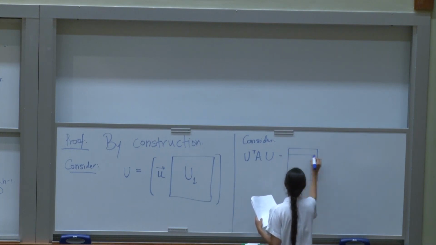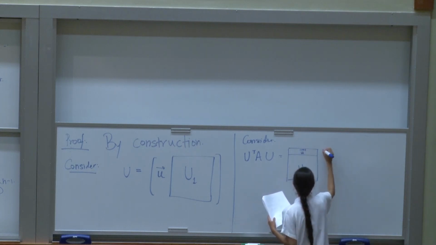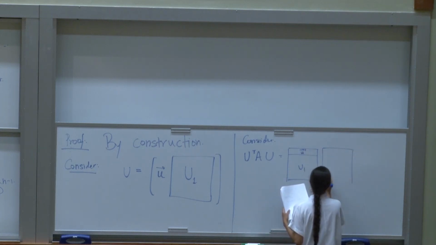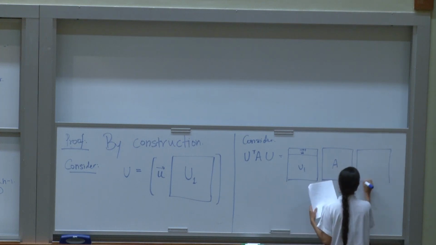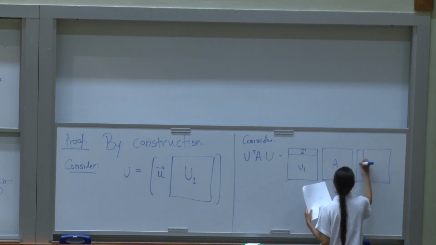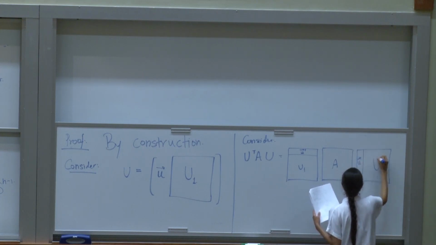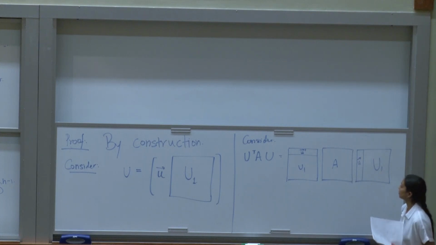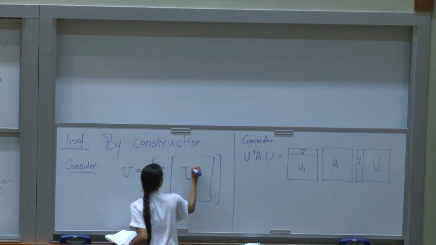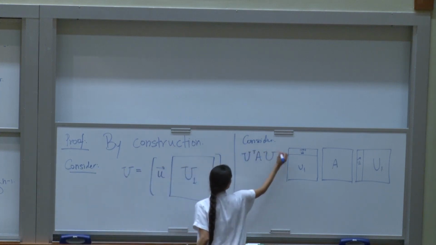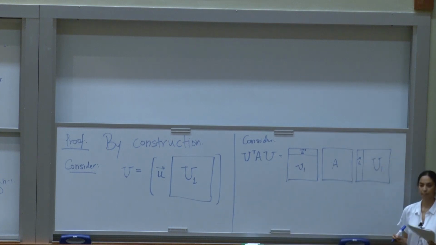U transpose is basically this u here, transpose U1. Then I have an A matrix. And here I have this U, U1. Okay?